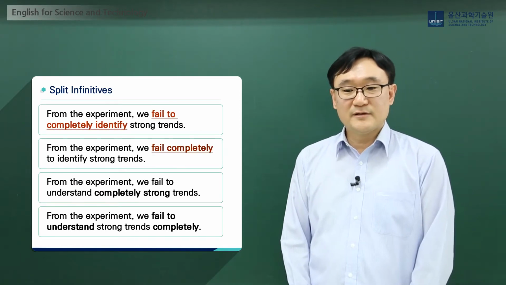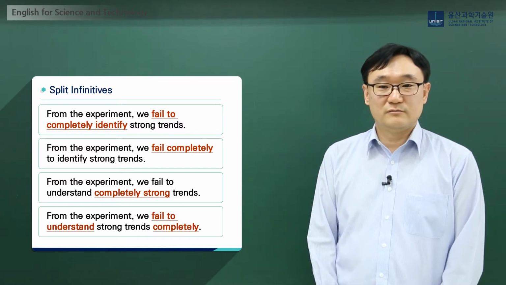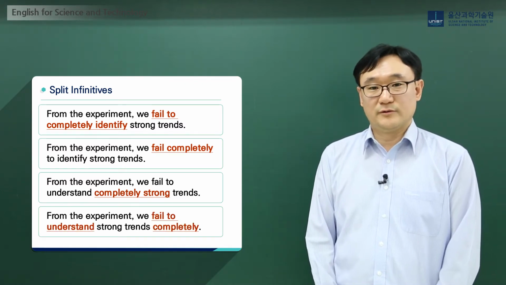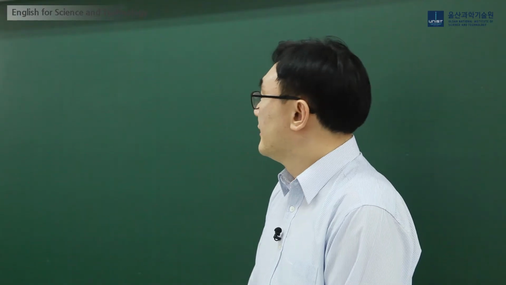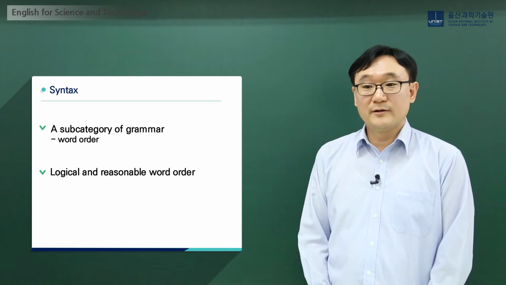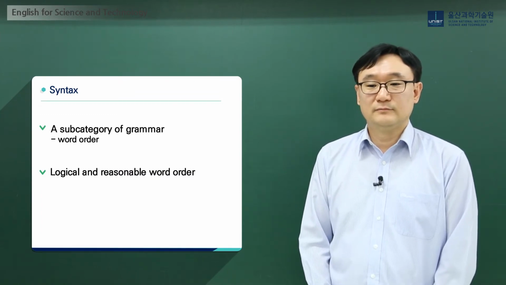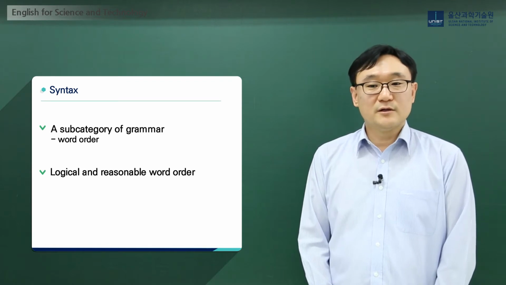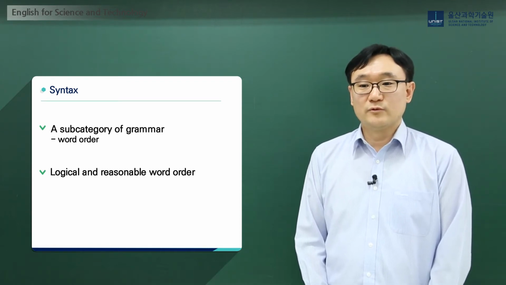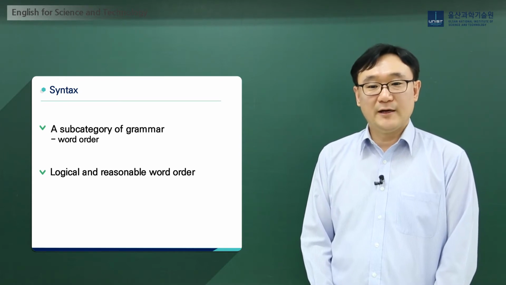The meaning differences come from different stylistic structure, which is word order. Syntax is a subcategory of grammar dealing with word order of a sentence. And there are logical and reasonable word order which is required in scientific writing.